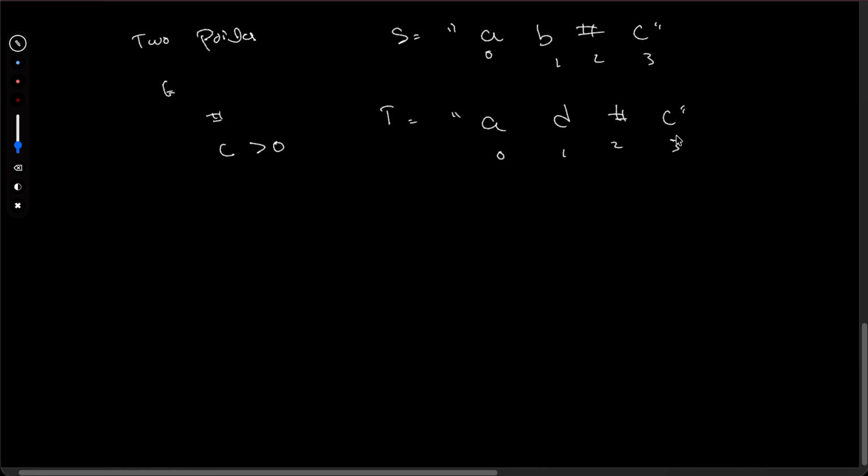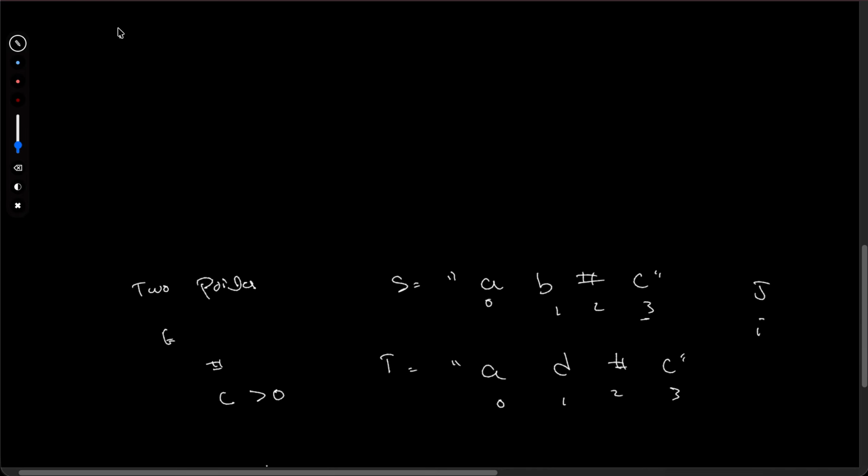We use two pointers, i and j, starting from backward. i is equal to 3 and j is equal to 3. s of i is c and t of j is c.